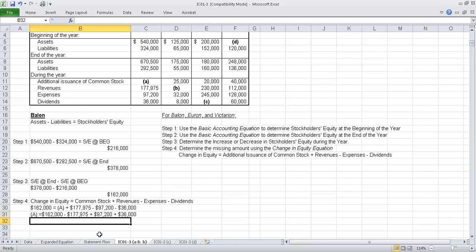That's just isolating the unknown, isolating the variable. And when we solve, the additional common stock is 117,225.